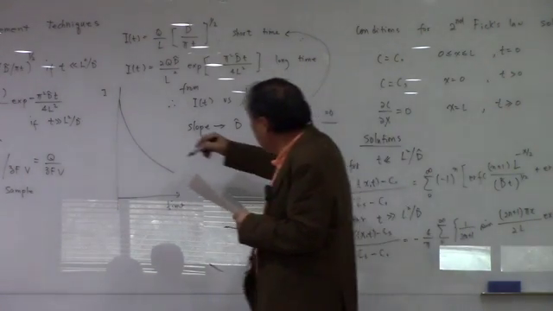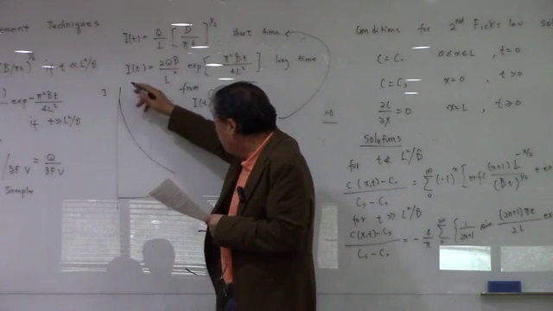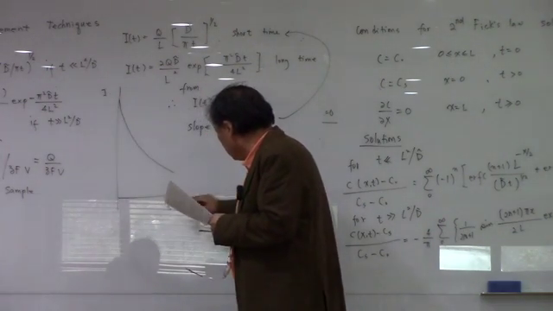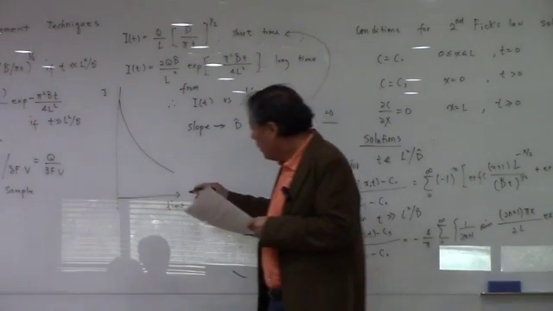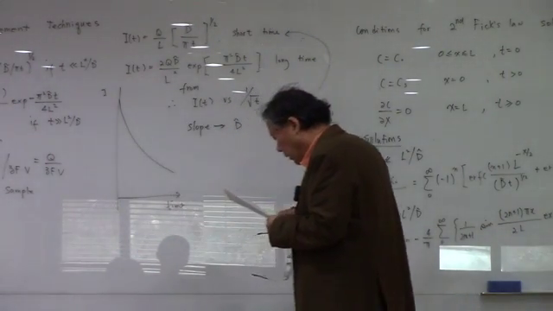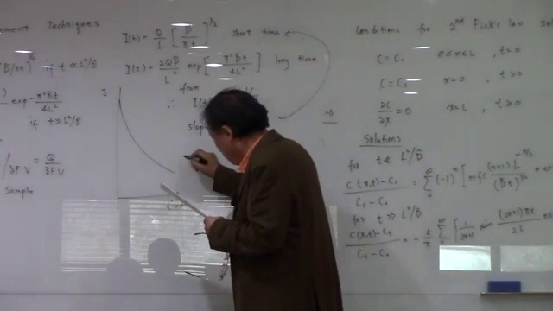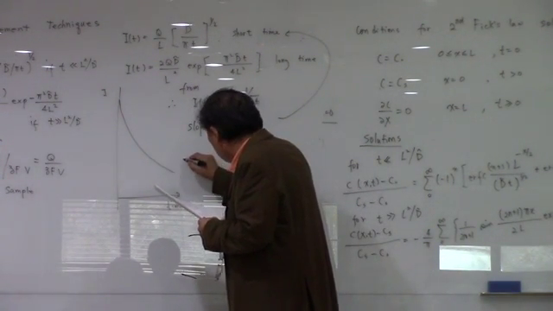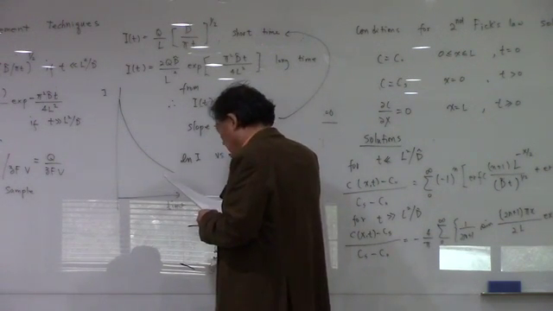So at the very beginning, if you take I versus 1 over square root of t, then you're going to get the diffusion coefficient from the slope. And in the long time, log I versus t.